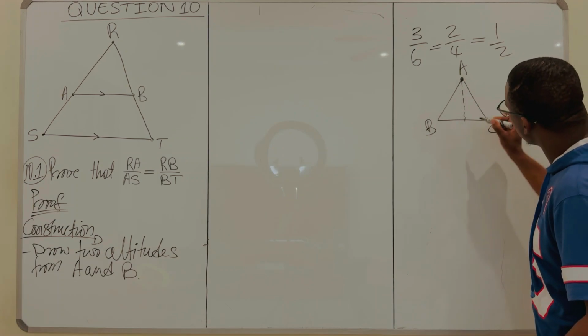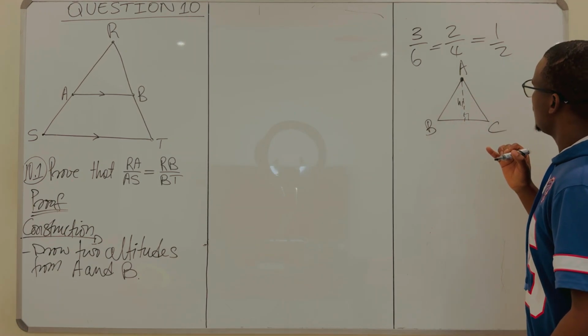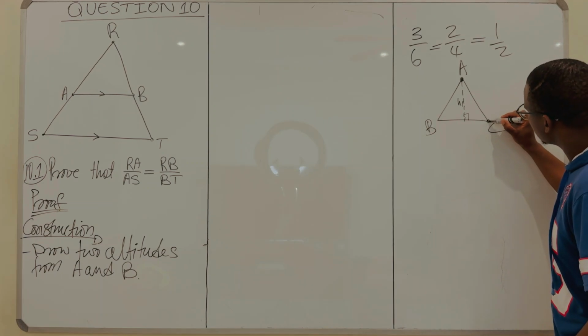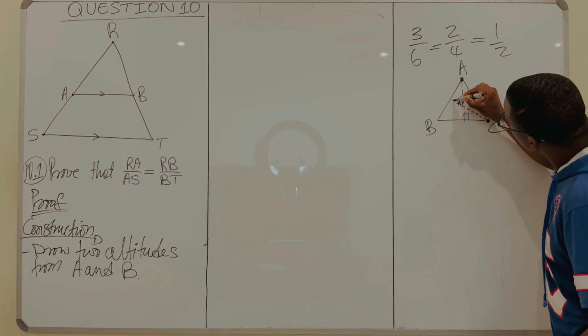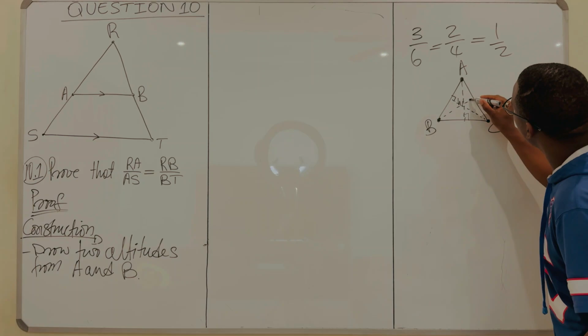A is facing this side, so it's this perpendicular height here. This is H1. The perpendicular height from C goes to its opposite side, and the perpendicular height from B will be the height over there.